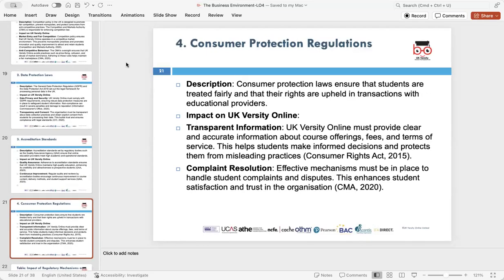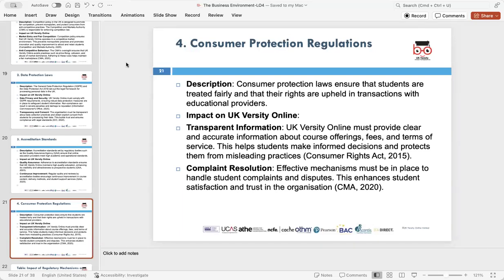Next is consumer protection regulations. Consumer protection laws play a vital role in ensuring that students are treated fairly and their rights are upheld when engaging with educational provisions.